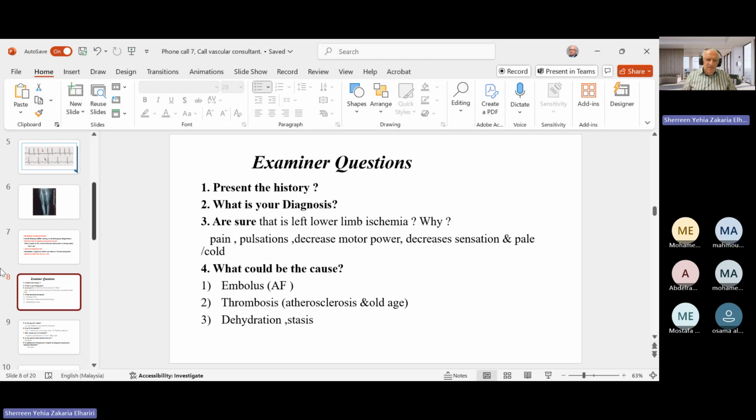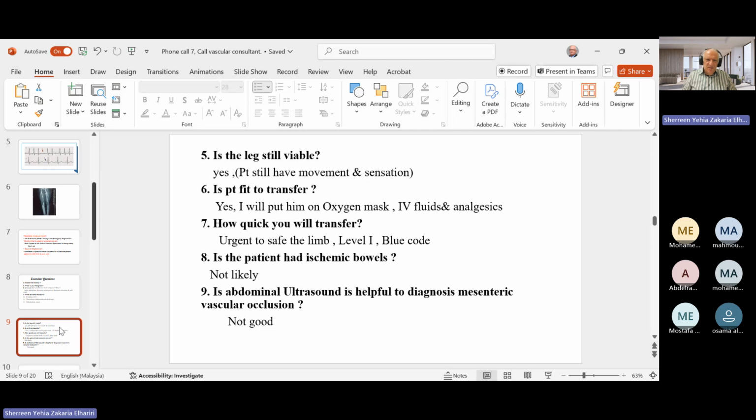So in the ambulance you give him oxygen, fluid and analgesia, and you transfer him with a doctor. Of course, most ambulances have CPR and ECG. How urgently do you transfer the patient? I will transfer him immediately as the patient may need amputation. No, no need for amputation, but you transfer him immediately.